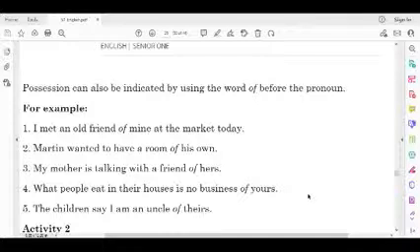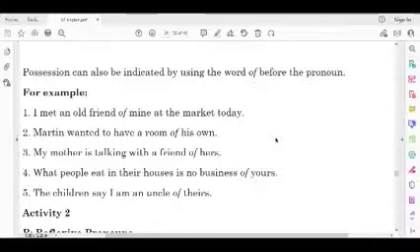And now we've also seen another category whereby these possessive pronouns are coupled with the preposition "of", which is written before that possessive pronoun. And we had sentences like, I met an old friend of mine at the market. So I would like you to write sentences similar to these ones, using those possessive pronouns after the preposition "of".